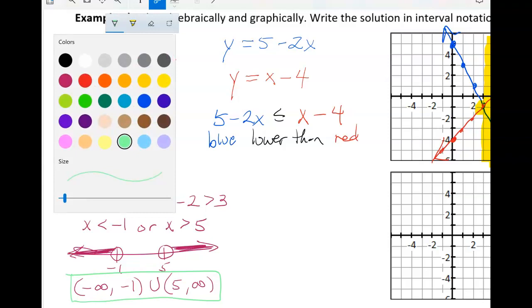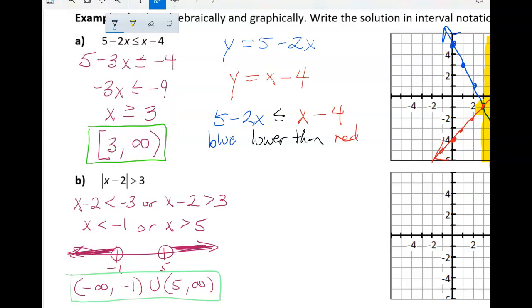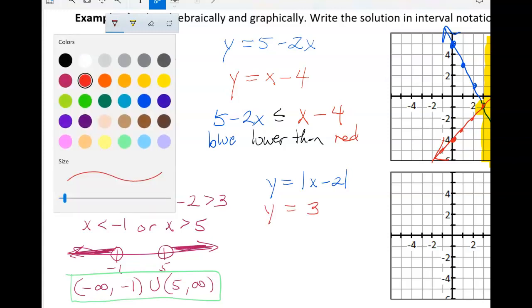I think the graphical solution might make a little bit more sense to you. So let's let our blue graph here be y equals the absolute value of x minus 2. And let's let our red graph be y is equal to the other side of the inequality, which is 3.